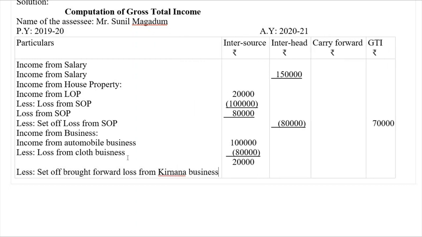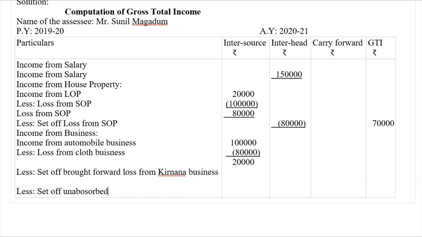The loss in Kirana business is 5,000 here. Then from that we can also deduct less set off of unabsorbed depreciation. I think it is there, yes, unabsorbed depreciation.